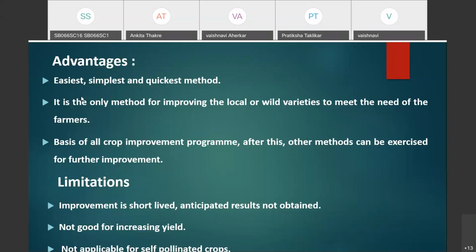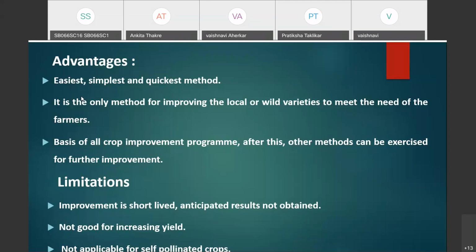And third one, the method is not applicable for the self pollinated crops. Okay, the method is not applicable for the self pollinated crops because this method depends upon the genetic variability within the population. More the genetic variation, this method can be easily used. Okay, the self pollinated crops, as we have just discussed, are homozygous.